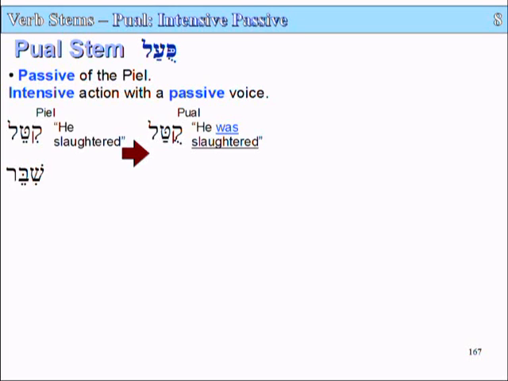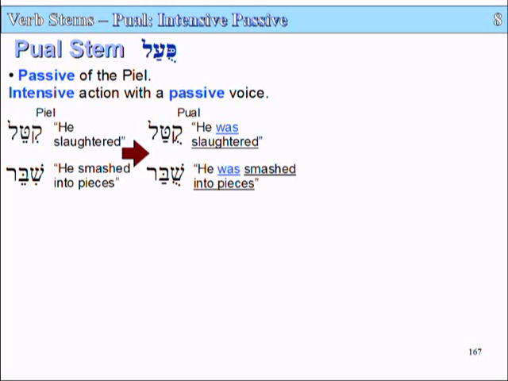Okay, another Piel, shibbar, he smashed into pieces, becomes shubbar, he was smashed into pieces.